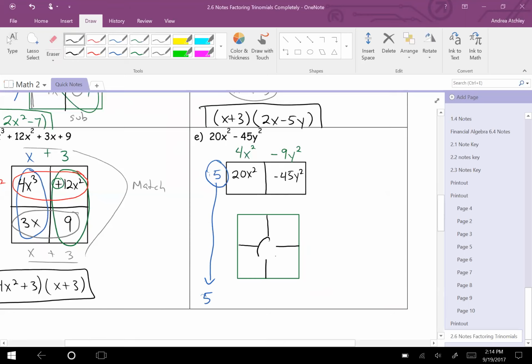So let me do that. There's not 4 terms, so I need that circle for the middle terms to combine to something. So this goes into my box. I have my 4x squared here and my negative 9y squared here. And the middle is going to be 0xy's.